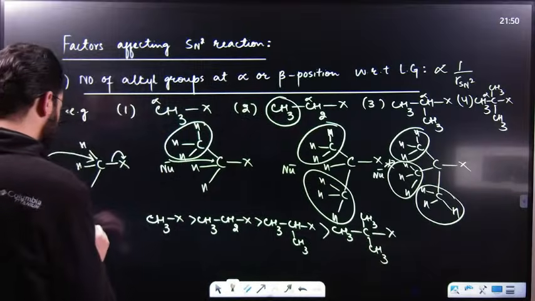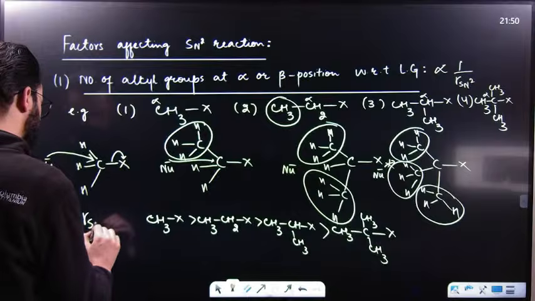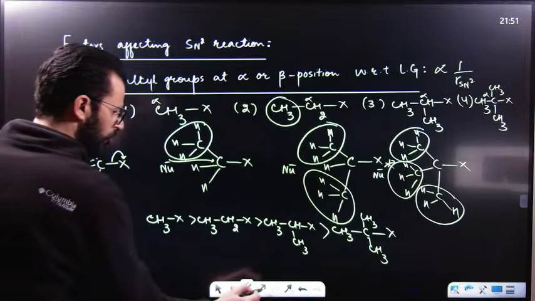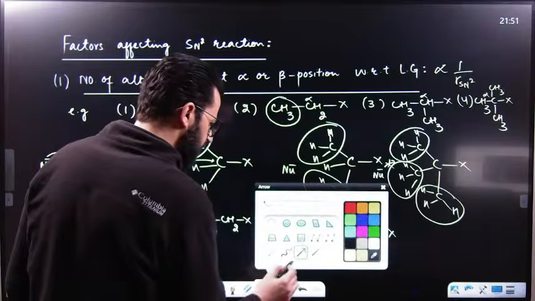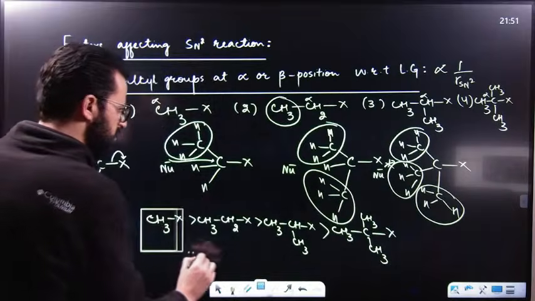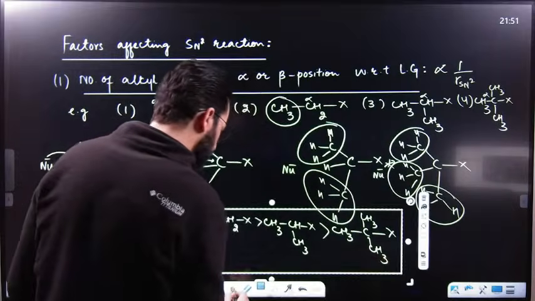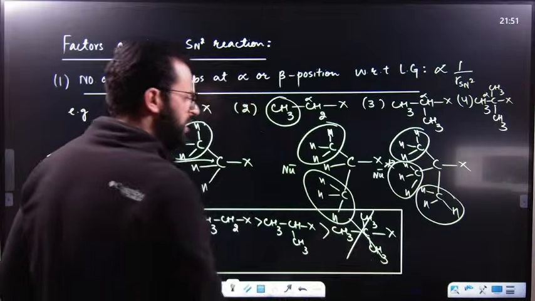So this is what we call the order of SN2 reaction. I hope this is clear to you all. Now I can simply write down that this will not prefer the SN2 reaction at all.